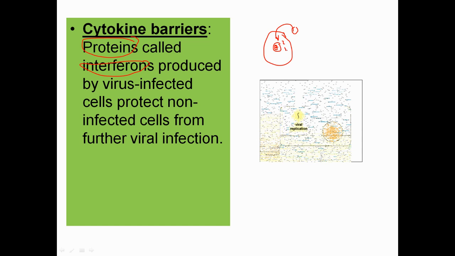It makes multiple copies of its genetic material and makes its own particles like this. We will have multiple particles like this. When these particles are formed, some chemicals are released by this infected cell. These chemicals are referred to as what? Interferons.